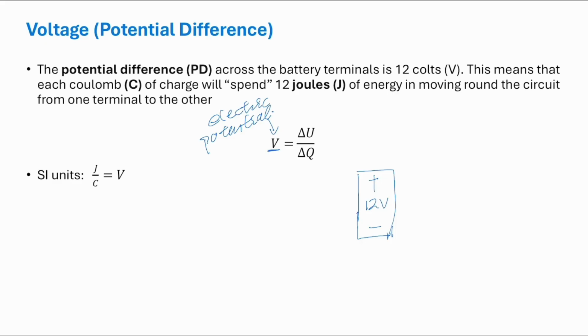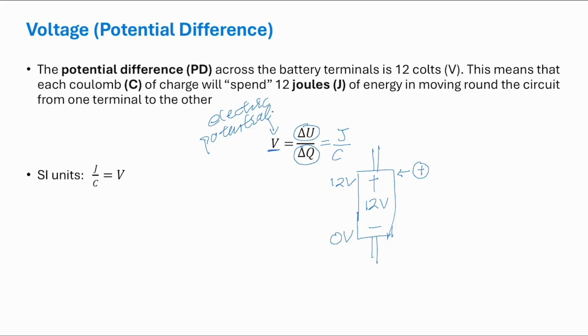And we look at the defining equation. This is U, the potential energy or work done per charge. So this is joule per coulomb. Okay, so if we have a positive charge here, the electric potential for the positive charge is 12 volt here, and at the other terminal is 0 volt.